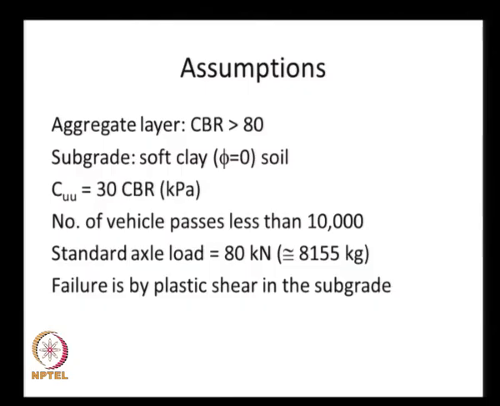The subgrade soil is assumed to be a soft clay without any friction angle, phi equal to 0, and the Cu can be taken as 30 times the CBR, where CBR is the California bearing ratio of the foundation soil.